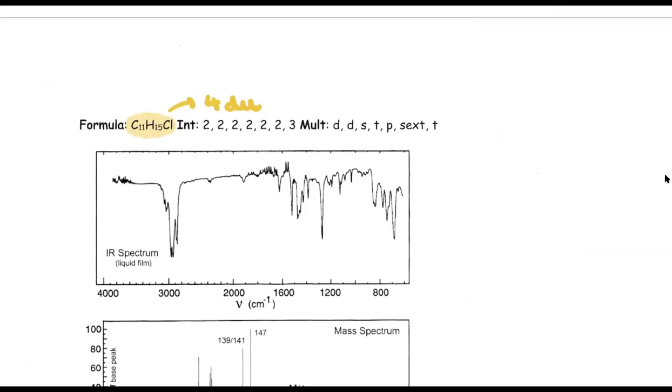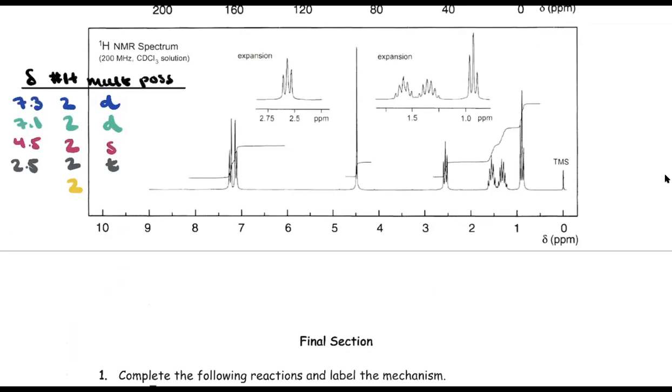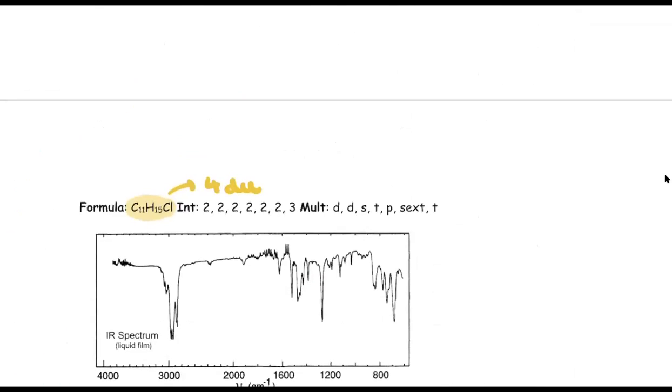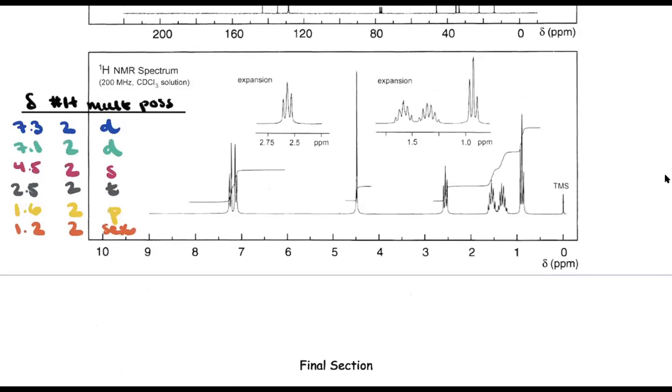Pentet, sextet, okay. Let's call that 1.6 and then 1.2. And then we have a peak, not a triplet, at 1.0.